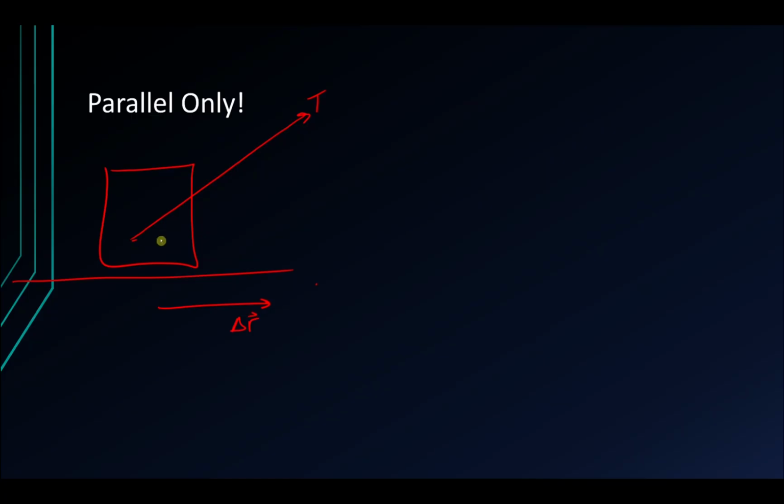We need to break our force down into the x and y components. Well, if this block is only moving in the x direction, the y component of that tension is not contributing anything to the forward motion of this object. So the work is the force parallel or on the same plane as the direction of motion of this object.